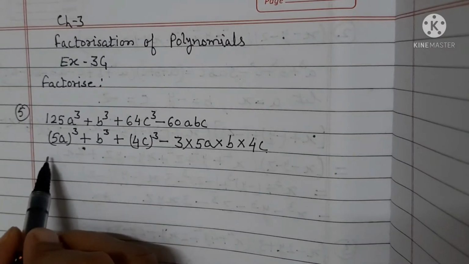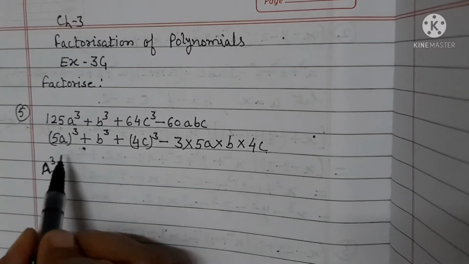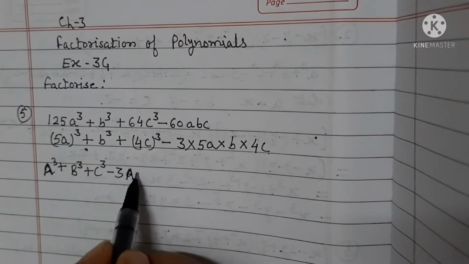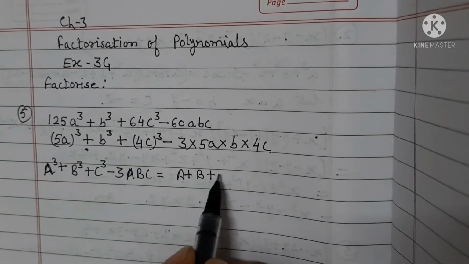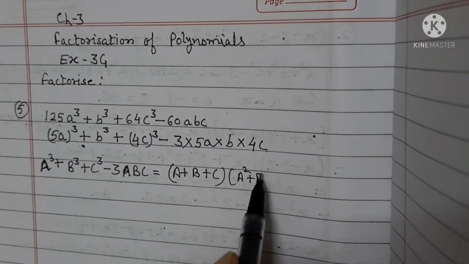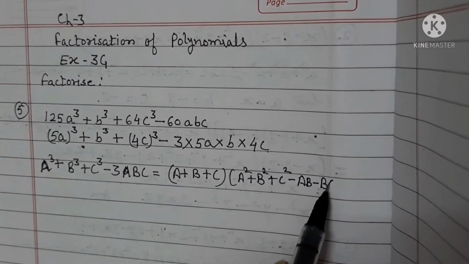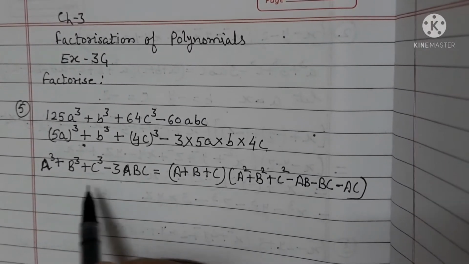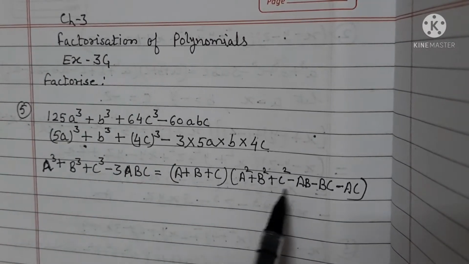So capital A cube plus b cube plus c cube minus 3abc is equal to a plus b plus c into a square plus b square plus c square minus ab minus bc minus ac. You know this relation, so we will use the given relation here.